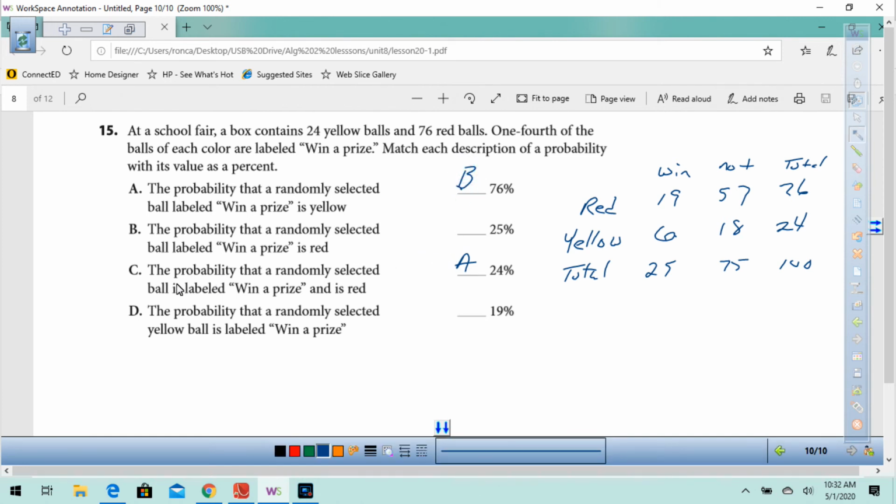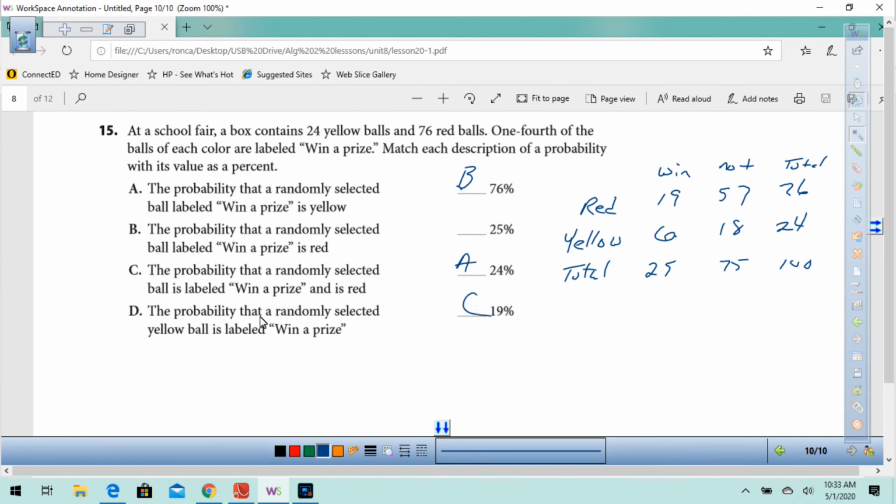And then let's see, the probability that a randomly selected ball is labeled win a prize and is red. Okay, so that's going to be 19 divided by 100, which is 19%. So let's see.